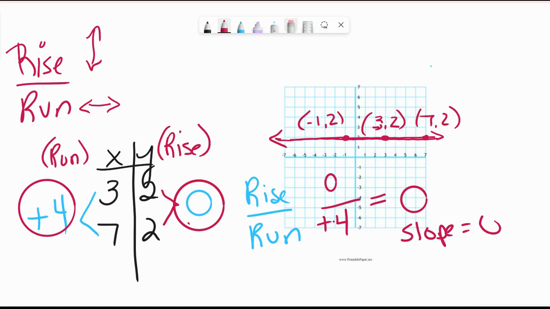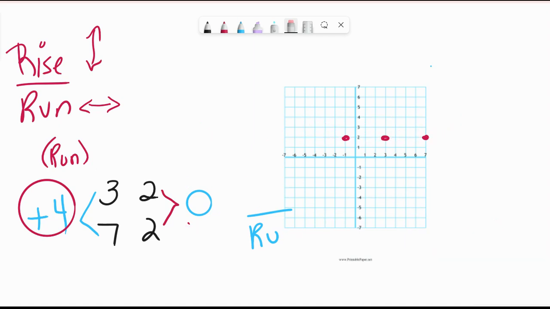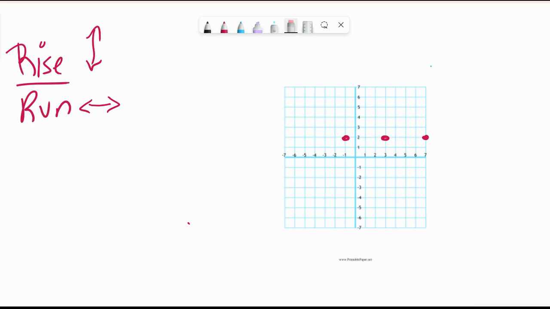Okay, we'll look at one more example. And this one might look like this. This line is a vertical line. And so we'll take the points. This is 2, 2.